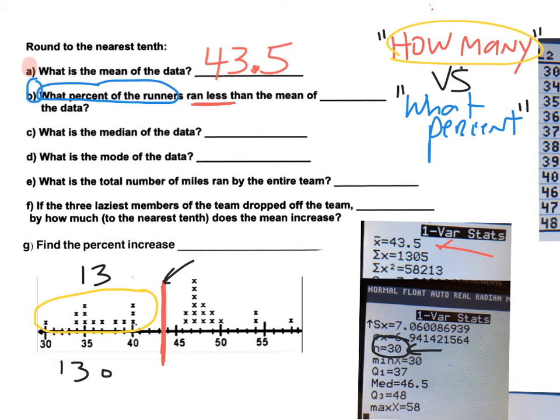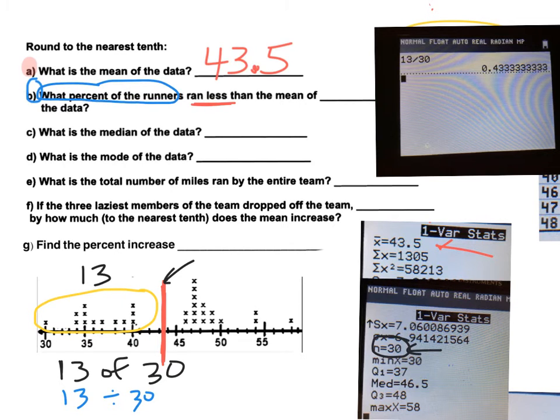There were 30. So 13 of the 30 runners ran less than the average. All I'll do on my calculator is take 13 and divide that by 30. When I do 13 divided by 30, I get 0.433, and that 3 is repeated. The directions said round to the nearest tenth, so 43.3% of the runners ran less than the mean.